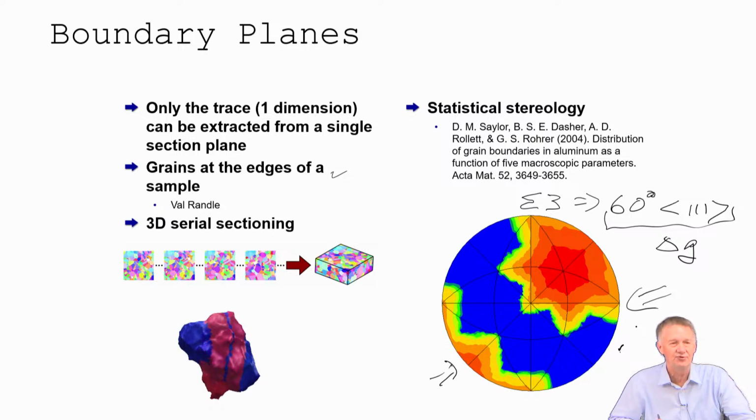Remember statistical reliability in grain boundary space. We're now talking about 5 parameters that you're using, a misorientation plus a plane. So you should have 10 to the 5th measurements of grain boundaries to get acceptable statistical reliability.